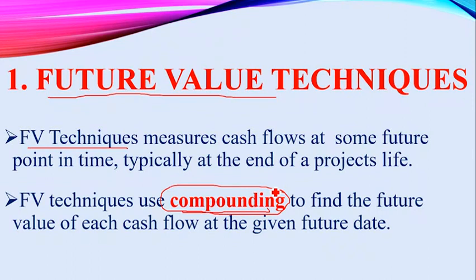At the end of the year, 100,000 will be 110,000. Then the next year it will be 110% of 110,000. So you see the amount is increasing based on the duration, and that is what we call compound interest. That is the concept that we are going to apply here under future values.